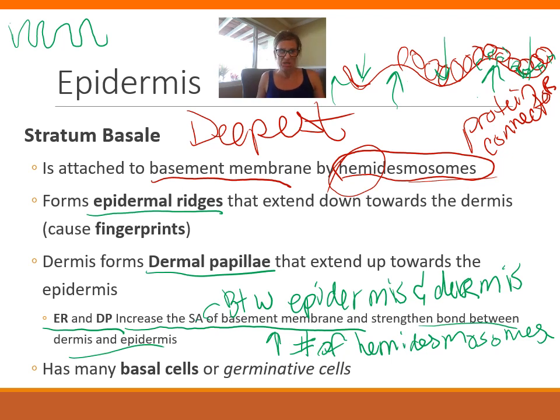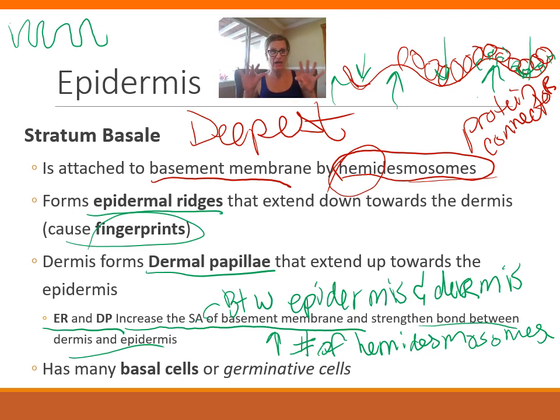This also happens to create your fingerprints. Everybody has their own specific pattern of epidermal ridges. And the pattern of your epidermal ridges creates the actual little ridges on your fingers, your palms, your hands, your feet. We all have our own little pattern of what we call fingerprints. Those come from your specific pattern of epidermal ridges.